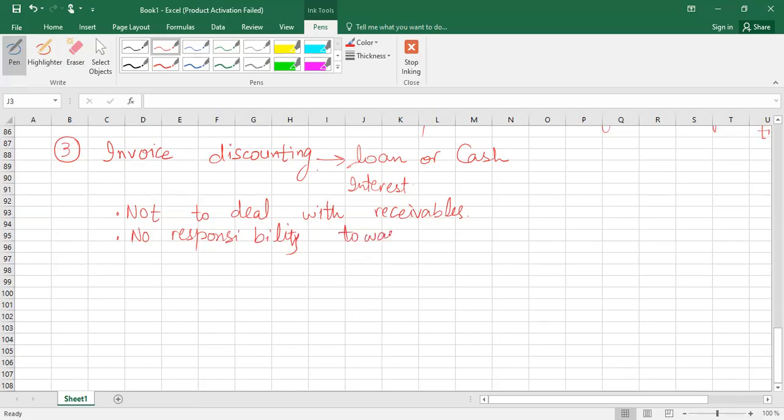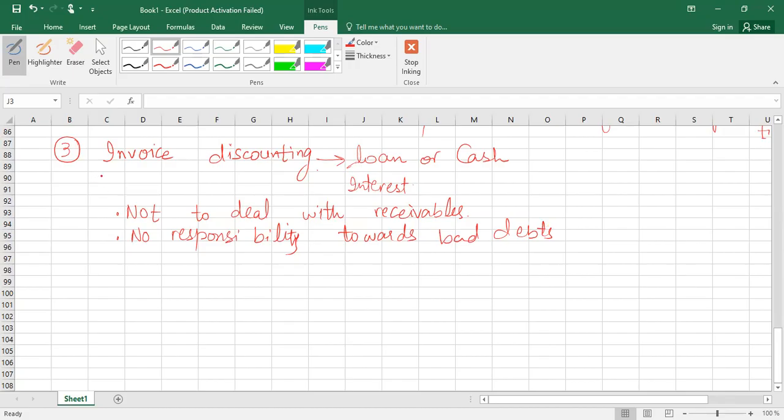It is simply a loan, like a bank overdraft, but it is definitely different from a bank overdraft. It can resolve the liquidity issue of the company, but apart from this, it has no role in receivables management.